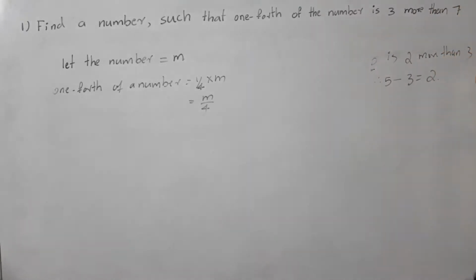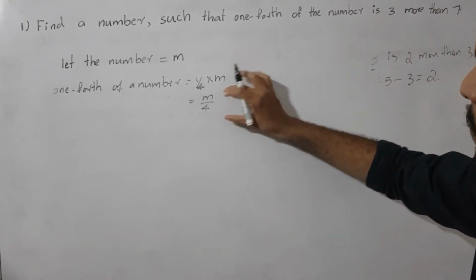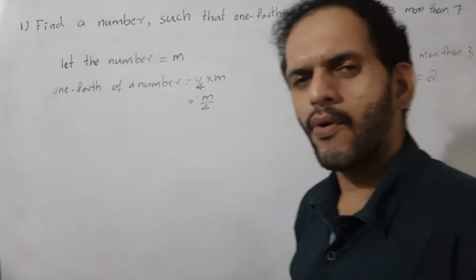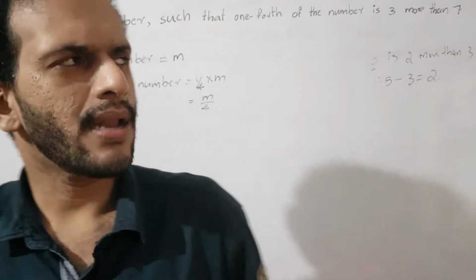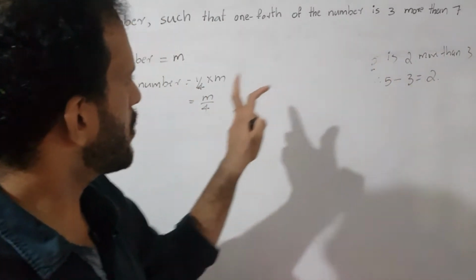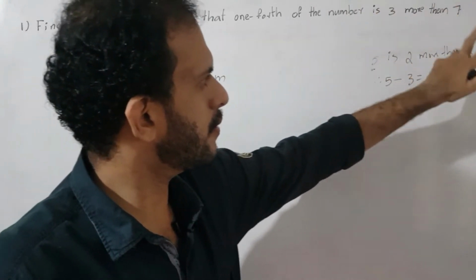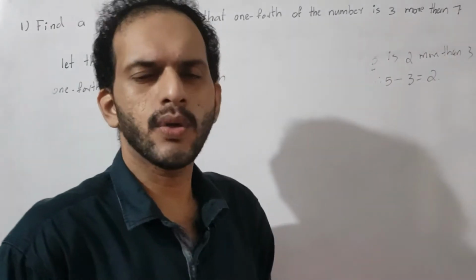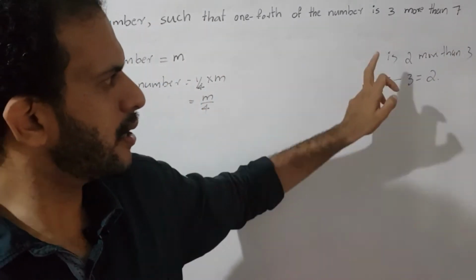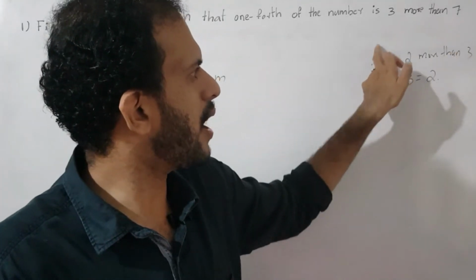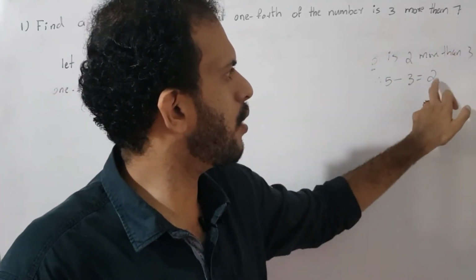Then here, m by 4 is 3 more than 7. Instead of 5, here is m by 4. Instead of 2, here is 3. Instead of 3, here is 7. Then how do we create the equation? We wrote it here: 5 is 2 more than 3 means 5 minus 3 is equal to 2.